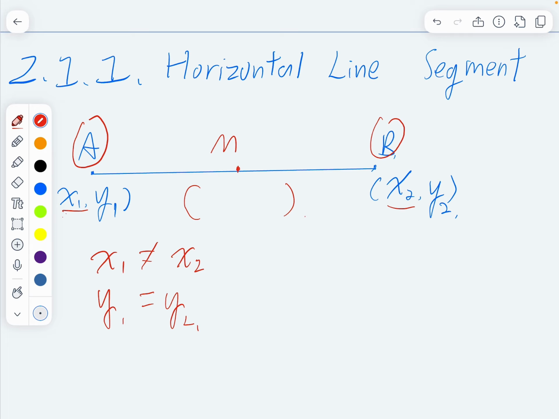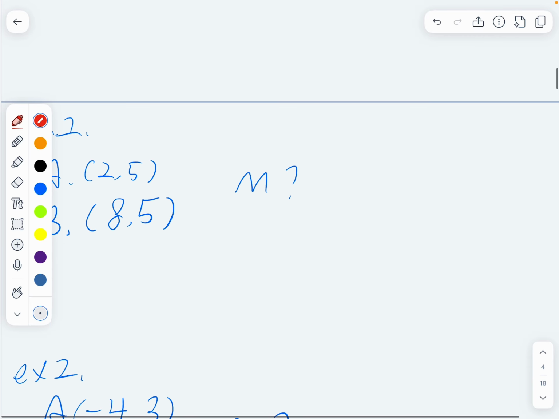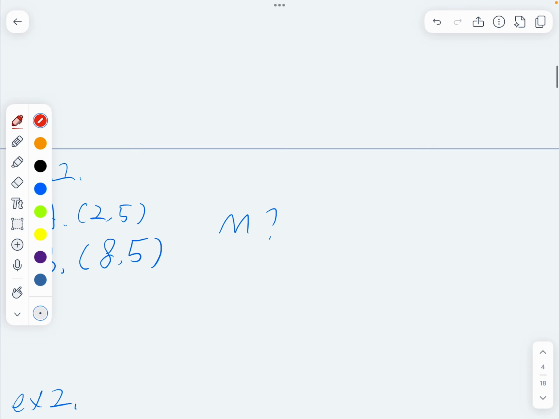Since the y values are equal and it is a horizontal line, the midpoint M is (x1 plus x2) over 2 and the y value. So now we can solve for M, the midpoint of line segment AB. Let's discuss an example.